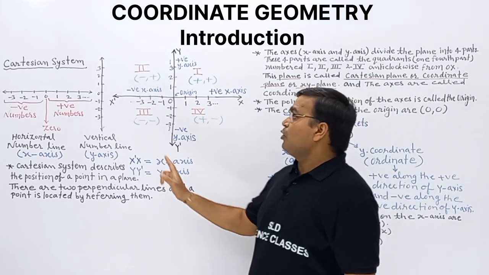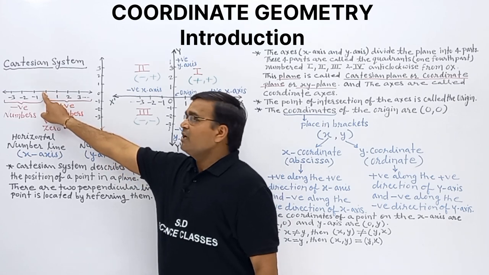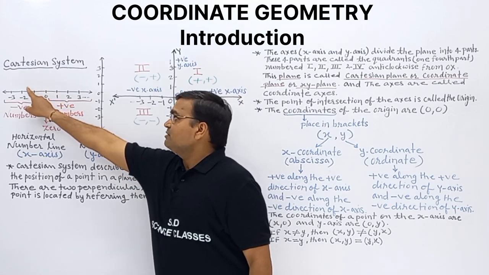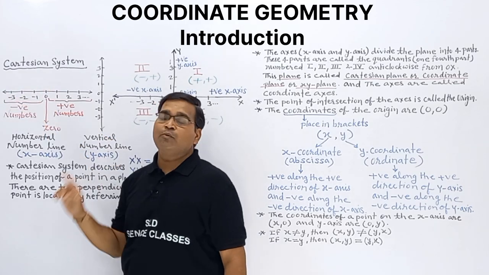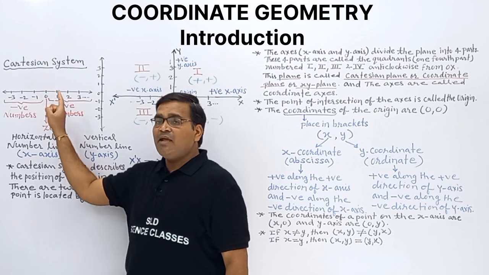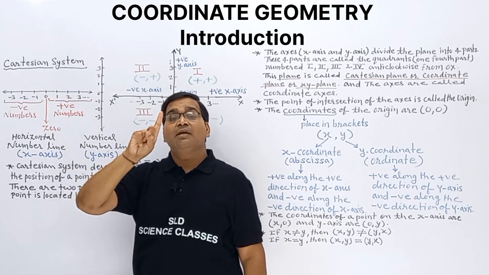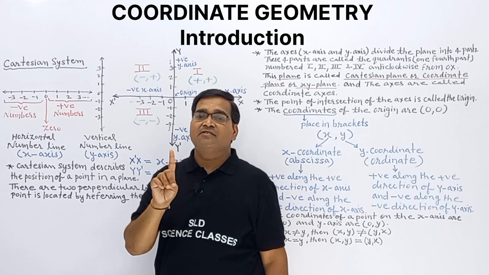So how will we draw it? First we should know this is a number line, and it has 0. Towards the left of 0 we have negative numbers. Listen carefully. The same numbers will be used in a coordinate system, the Cartesian system.